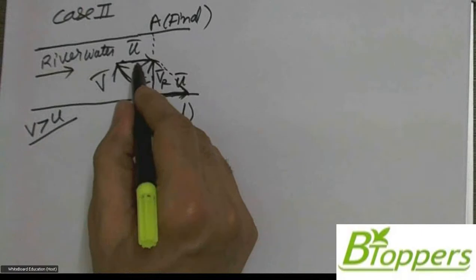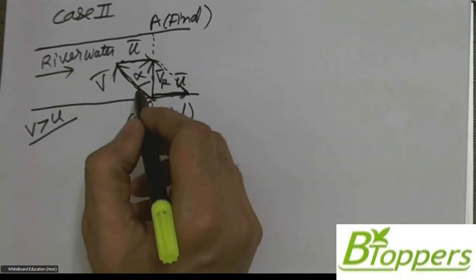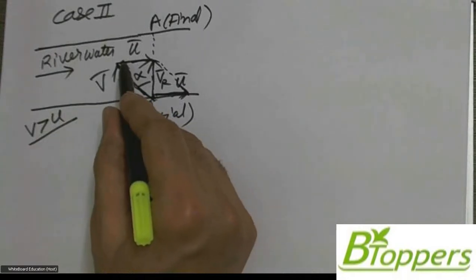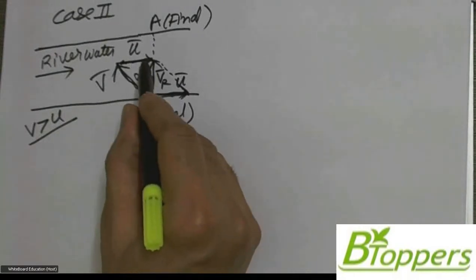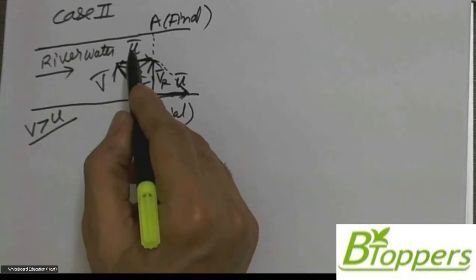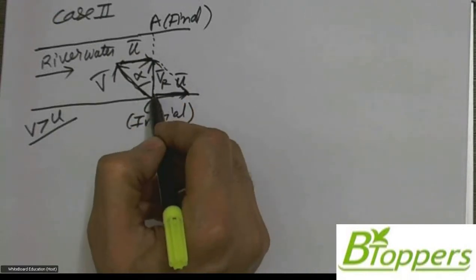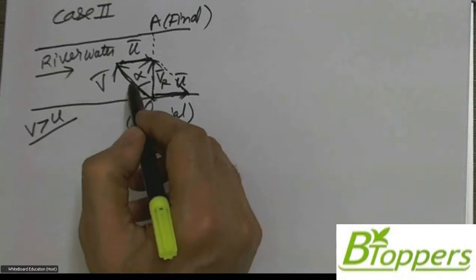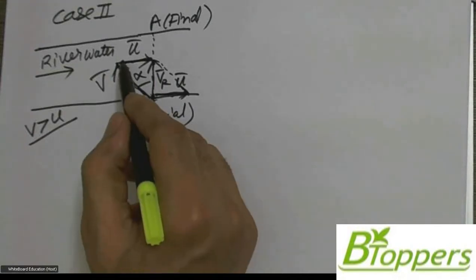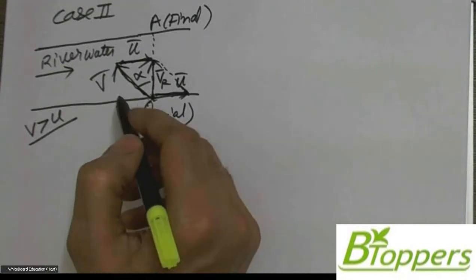So we have a right angle triangle here. In this right angle triangle, the length of the side opposite to the angle alpha gives you the magnitude of U bar or U. The length of the side adjacent to alpha gives you VR. The length of the hypotenuse gives you V.